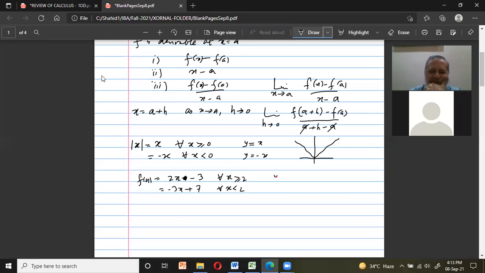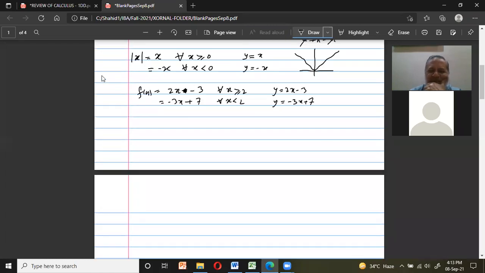So you have one line 2x minus 3 and one line minus 3x plus 7. This is when x is greater than or equal to 2. And this is when x is less than 2. So when I make the graph at x is equal to 2, the value has to be evaluated from this formula. For x is equal to 2, this becomes 4. 4 minus 3 is equal to 1.